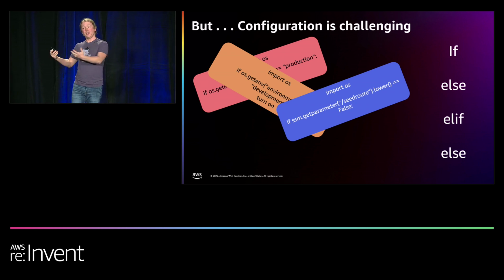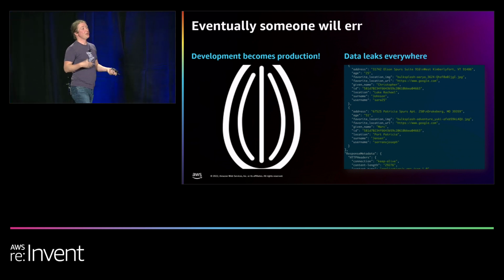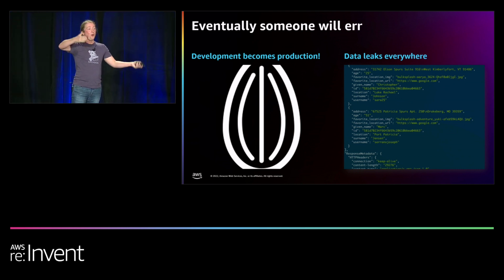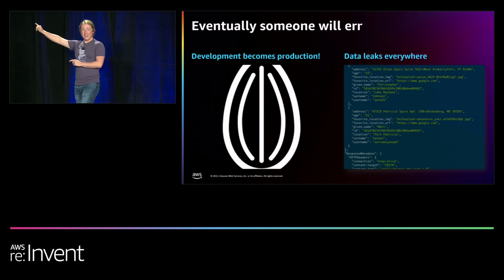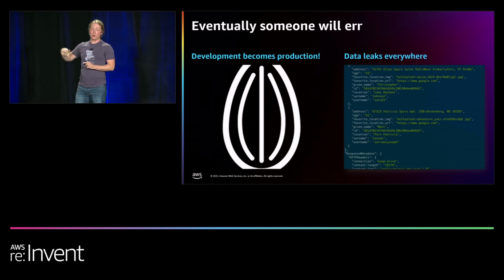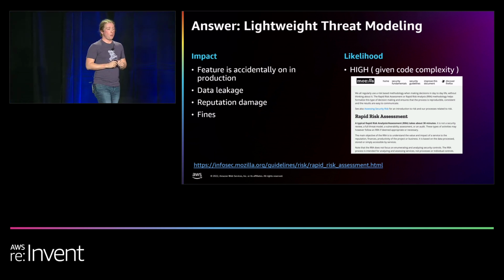So as a concerned engineer or as a security person, sometimes we miss things. And eventually, somebody makes a mistake. You have this feature in your application only ever supposed to be on in development, and then development becomes production. The problem in this case is that when development becomes production, it starts leaking personally identifiable information about our users.